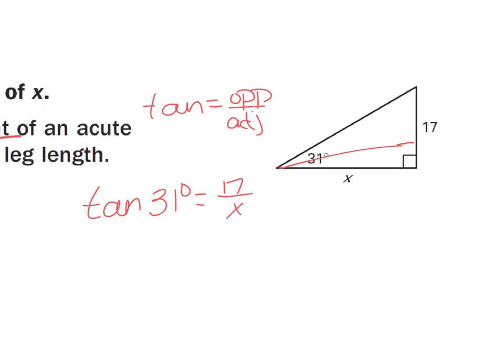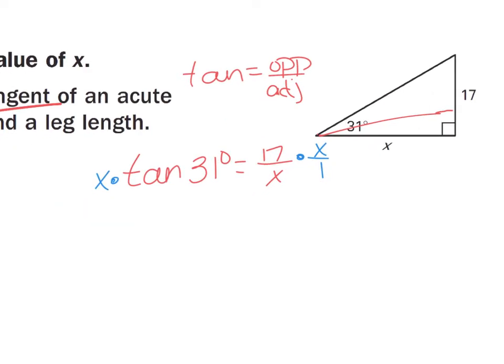Okay, unfortunately, the x is in the denominator, so we're going to have to do the extra step. It's okay. So start by multiplying both sides by x. So they cancel over on the right, and you're just left with 17. Over on the left, you have x times the tangent of 31 degrees. Okay, we're trying to get the x by itself.